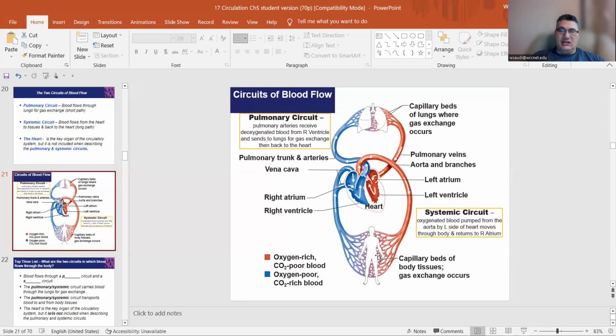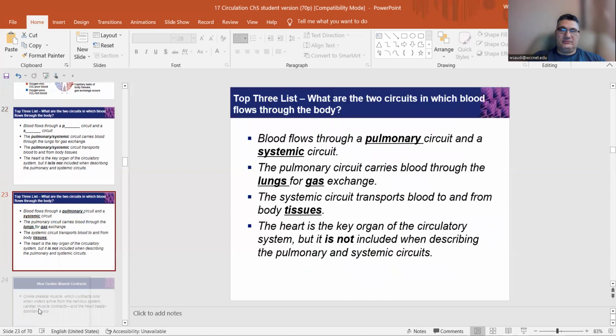The cells take oxygen and nutrients from the blood, use them, and produce waste products and carbon dioxide that will go to the other side of the capillaries, venules, veins, back to the heart, and this is the whole entire circuit.